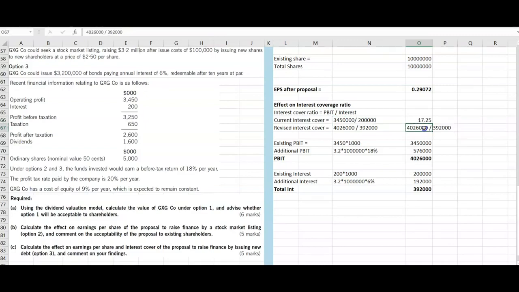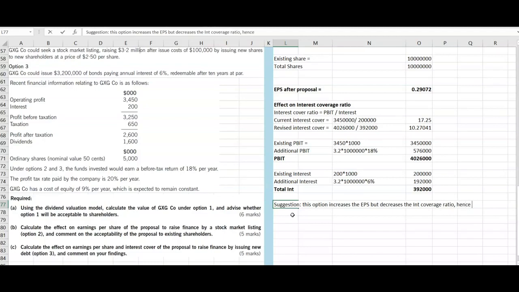Okay, so the revised interest coverage is falling. Falling is a bad signal. So we can put a suggestion like this. This option increases the EPS but decreases the interest coverage ratio.